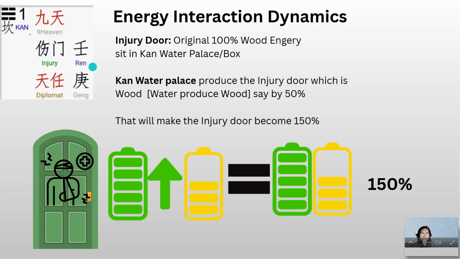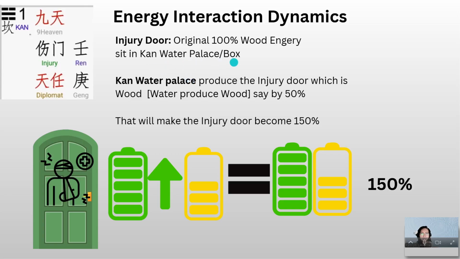We know that Kan is a water element. The Injury Door originally is 100% wood energy, and now it sits in the Kan palace.